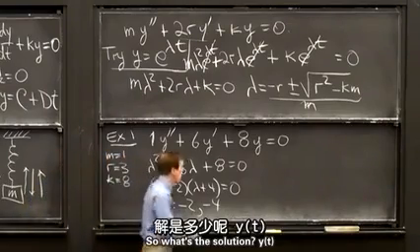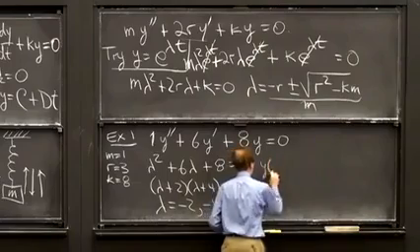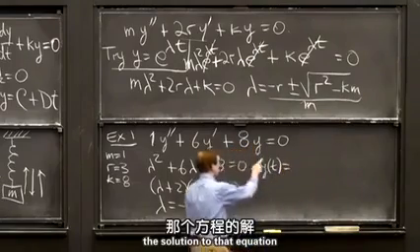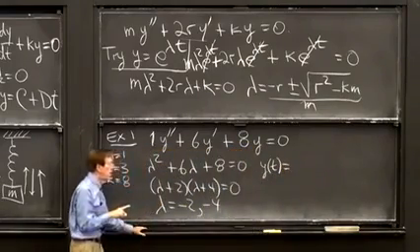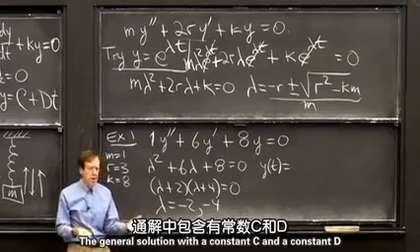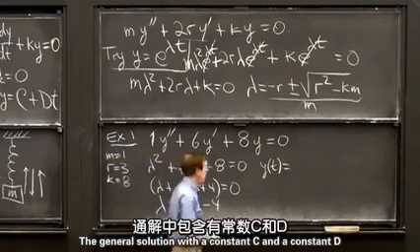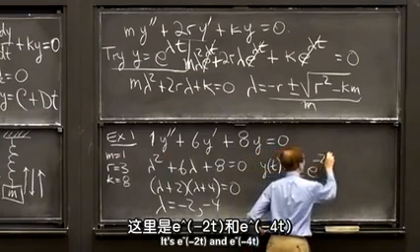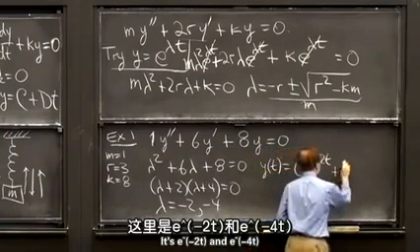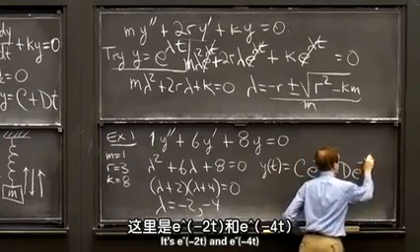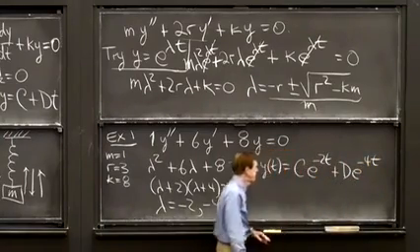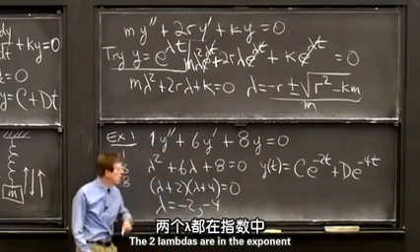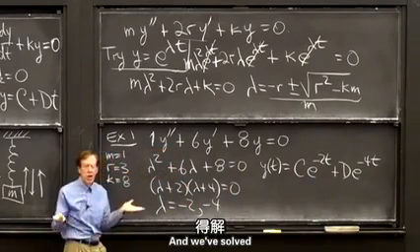So what's the solution? y of t, the general solution to that equation with a constant c and a constant d, is c e to the minus 2t plus d e to the minus 4t. The two lambdas are in the exponent, and we've solved it.